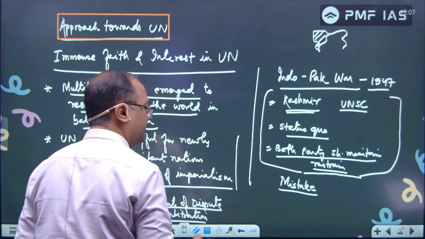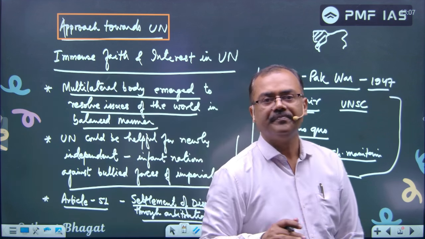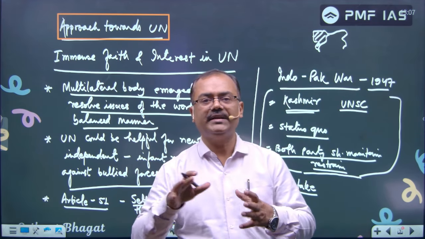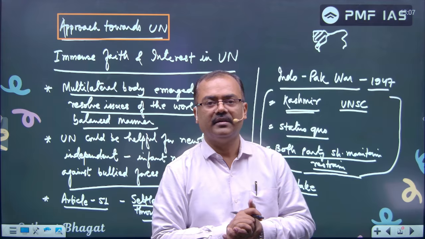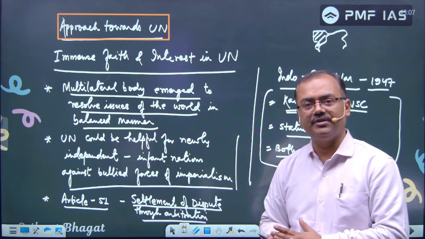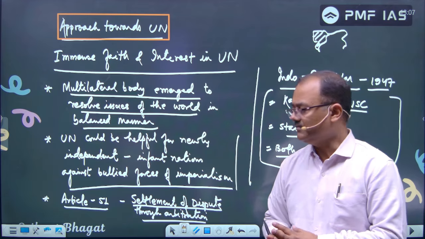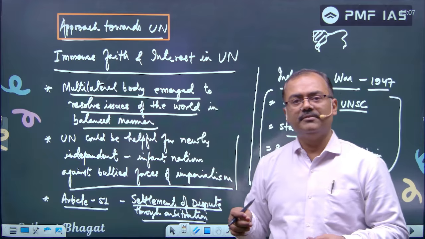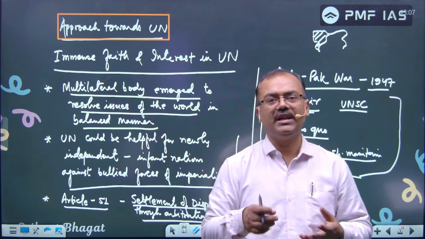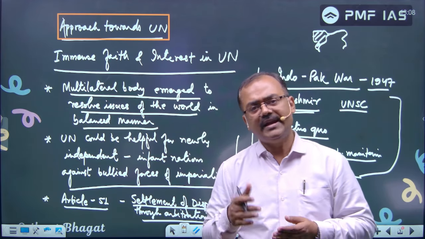Article 51 is, in those times, the preamble of international relationships, the preamble of foreign policy for the country. It talks about mutual respect for each other's territorial integrity, sovereignty, and other points also.